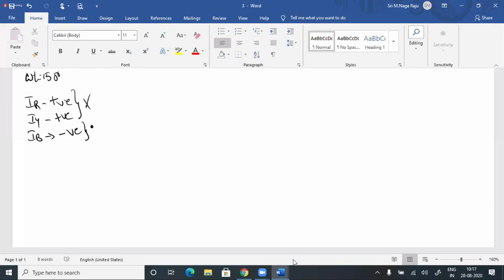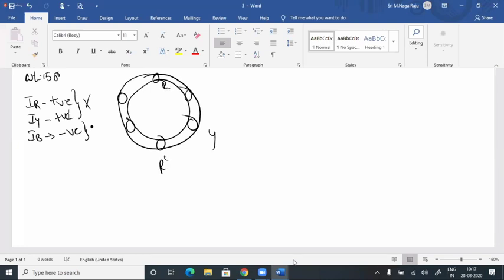So R dash, Y dash, B dash. Now IR and IY are positive, B is negative. If R is positive, R dash is negative. If Y is positive, Y dash is negative. If B is negative, B dash is positive.